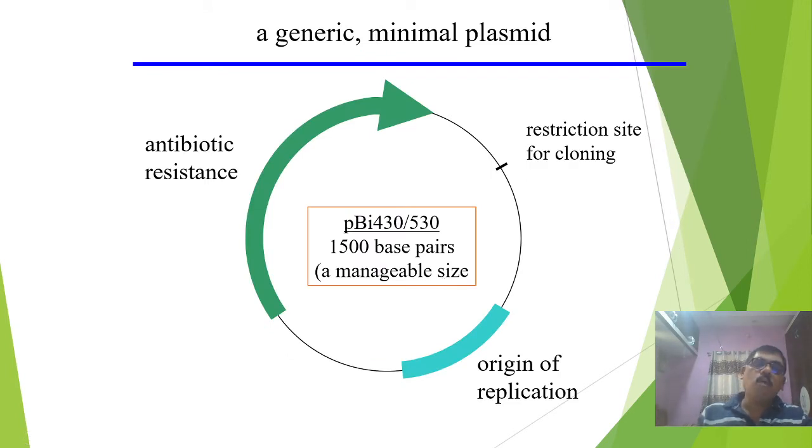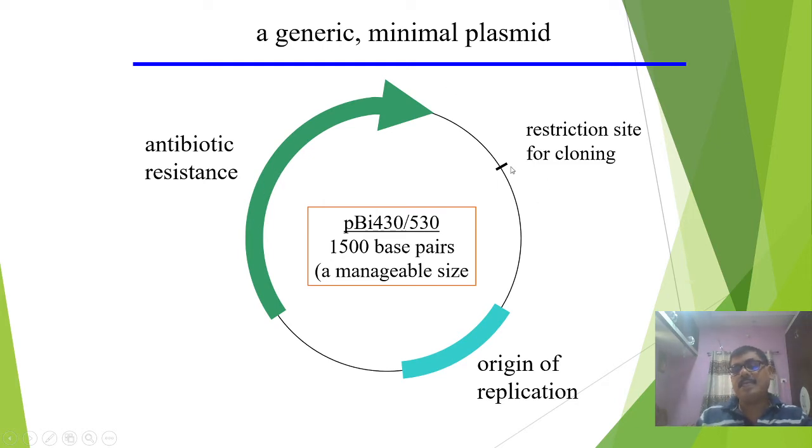Then what are the minimum requirements in a plasmid? The plasmid must be of small size and small molecular weight, a manageable size. It must have the origin of replication, so that it can autonomously replicate within the host. Then it must have the antibiotic resistance site, which we call a selectable marker site, so that you can easily identify which cell is transformed or not.